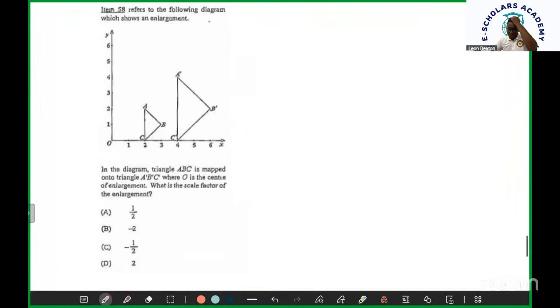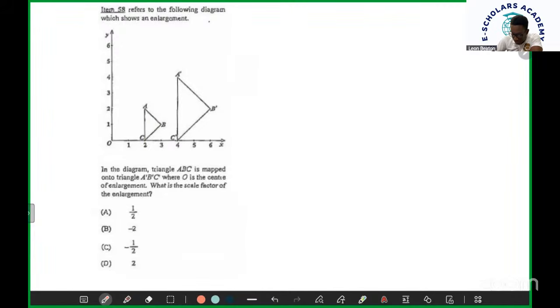Item 58 refers to the following diagram, which shows an enlargement. In the diagram, triangle ABC is mapped onto triangle A'B'C', where O is the center of enlargement. What is the scale factor of the enlargement? Same thing, so we choose any corresponding side. Let's choose this vertical side.